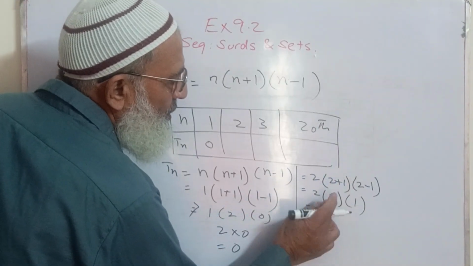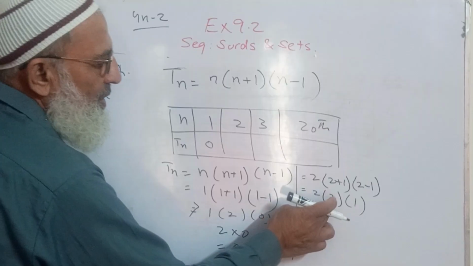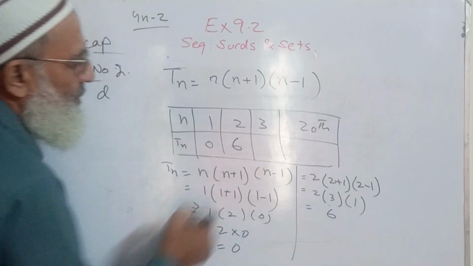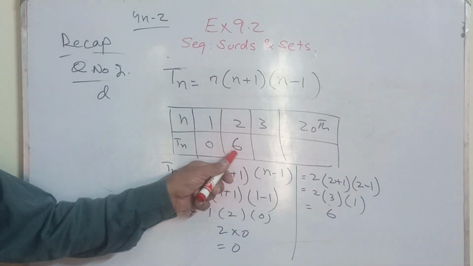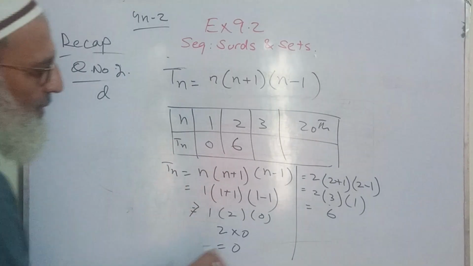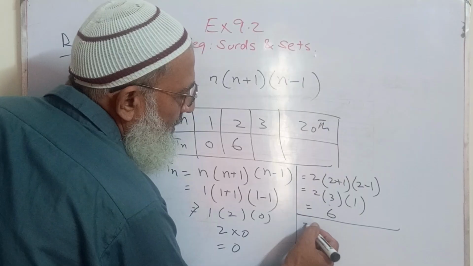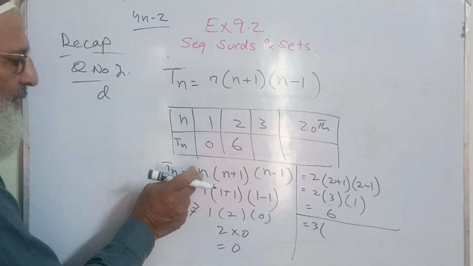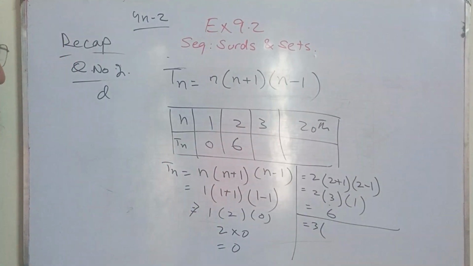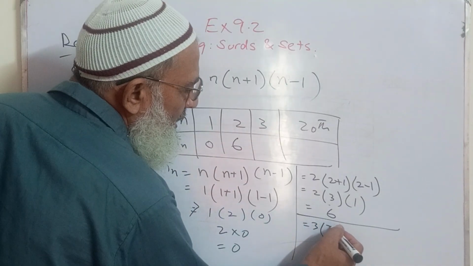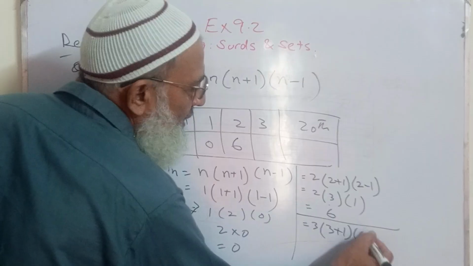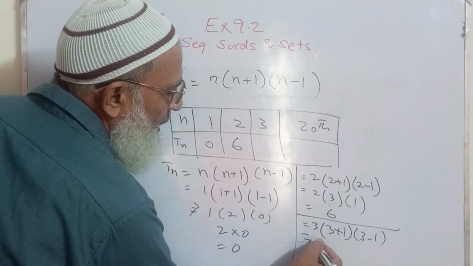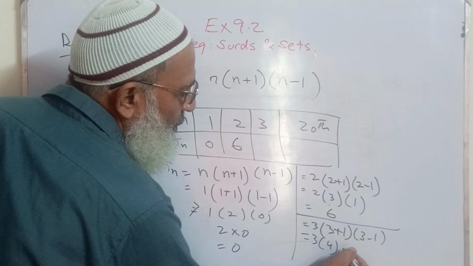So 2 times 3 is 6, times 1 is 6 only. So it is 6. And our third is like this: 3, substitute the n with the number. 3, 3 plus 1 and 3 minus 1. So it will become 3 multiplied by 4 multiplied by 2.